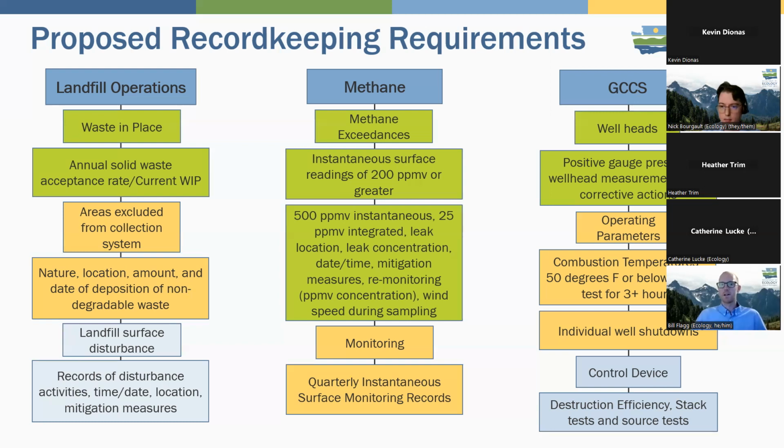And these records should include a leak location on the landfill, the concentration, a date, time, mitigation measures to control the release of methane, any remonitoring that has taken place, and wind speed during sampling. And also under methane, we have just general records for monitoring.